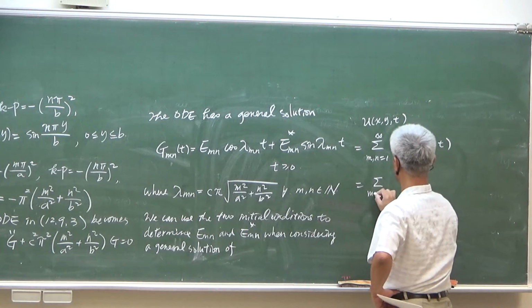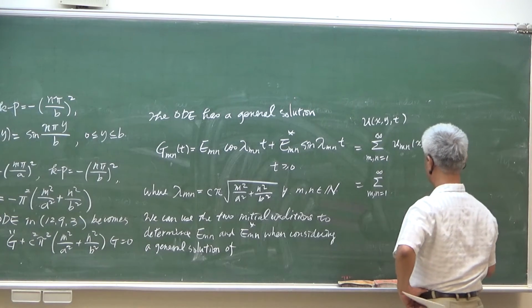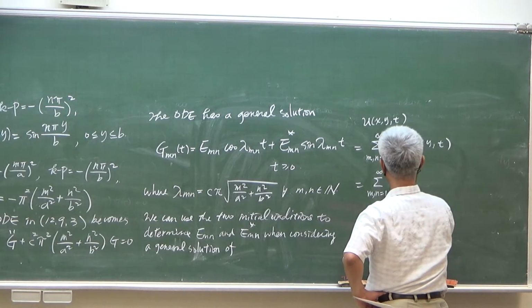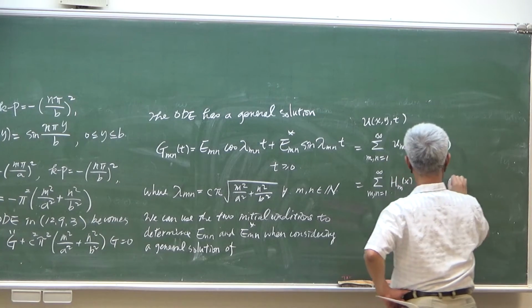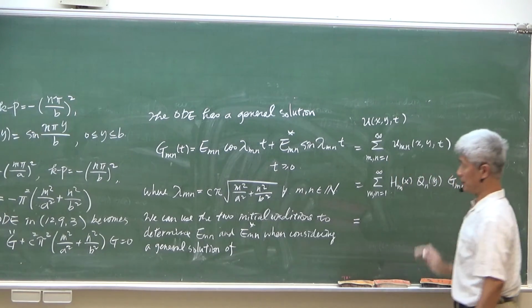And the solution is obtained by using the method of separating variables. So actually, this is equal to h_m, q_n, and g_mn of t, by superposition.